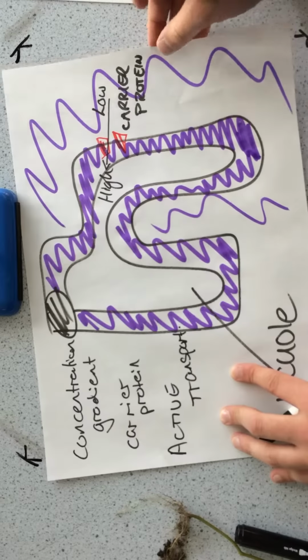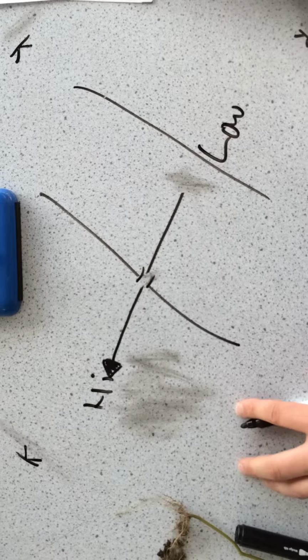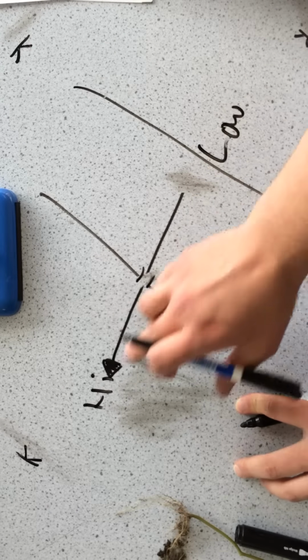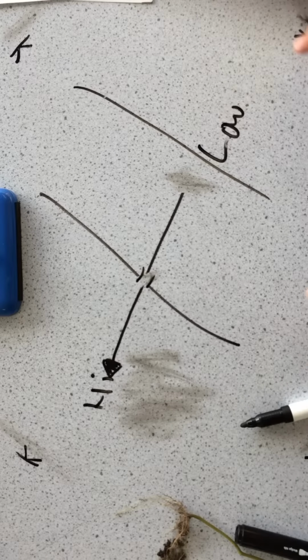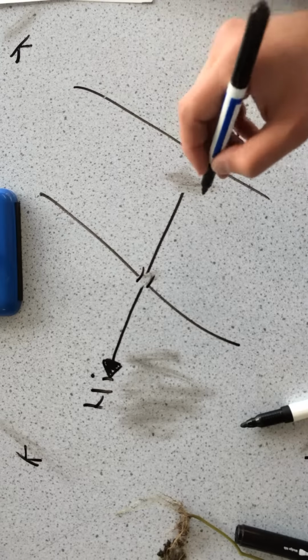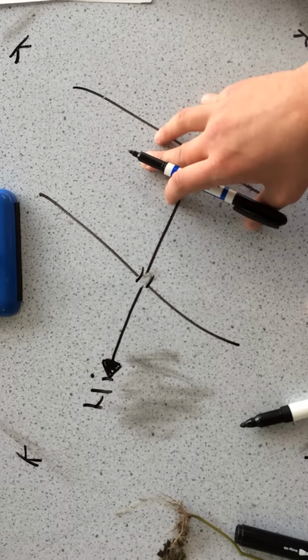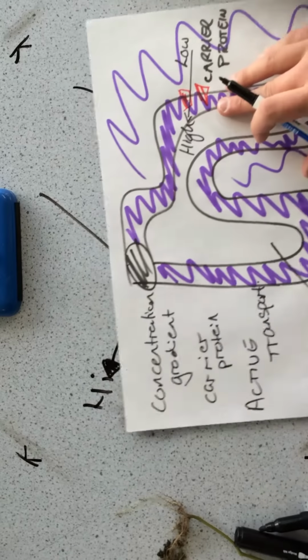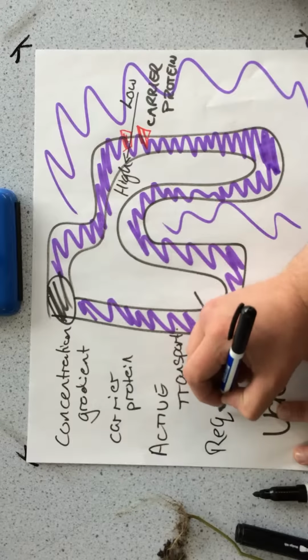Now, the other point that we have to make is that if I'm walking up a hill from the bottom to the top, it's going to require energy. It's going to take me energy, me especially, let's face it. So when it comes to active transport, you must always mention that it requires energy. That's the specific word that they'll have in the mark scheme for you. The active transport requires energy.